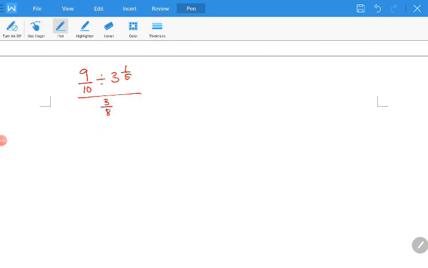All right, let me use a bigger space. So this is equals to 9/10 divided by, if I convert this one, I get 16/5. Then divided by 3/8.